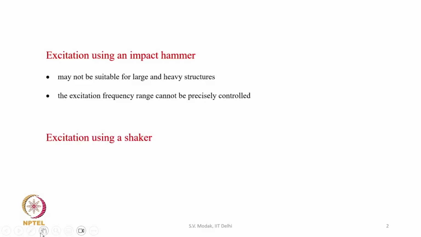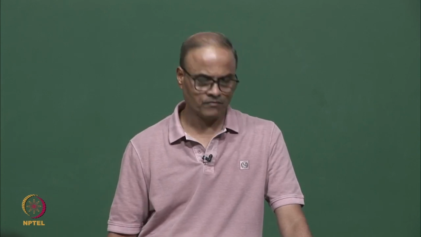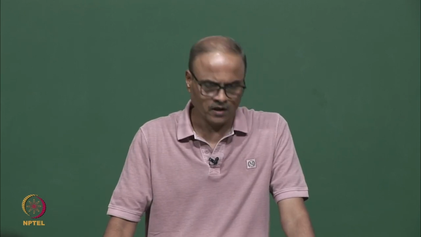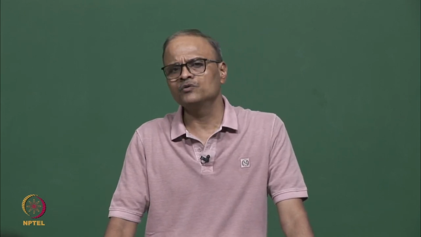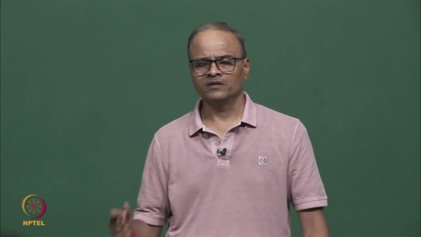What about excitation using a vibration shaker? These limitations can be addressed by using a shaker for excitation. It can be used for exciting large and heavy structures, because here we are going to use continuous excitation rather than excitation in the form of an impact, and therefore a larger amount of energy can be imparted to the structure.